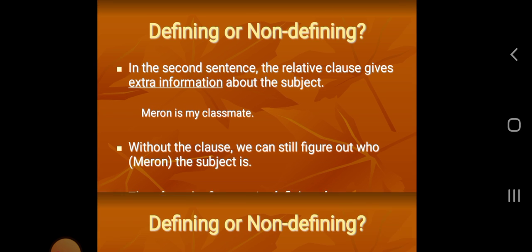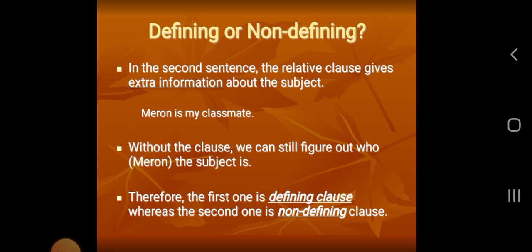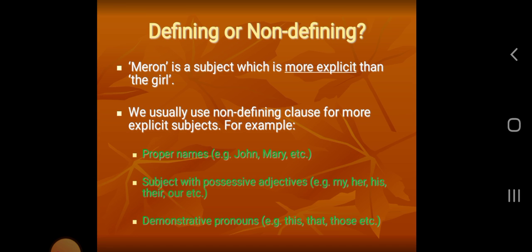You can see in the second sentence the relative clause gives extra information about that subject. Meron is my classmate. Without the clause we can still figure out who the subject is. Therefore the first one is a defining clause, whereas the second one is a non-defining clause. Meron is the subject, which is more explicit than the girl.